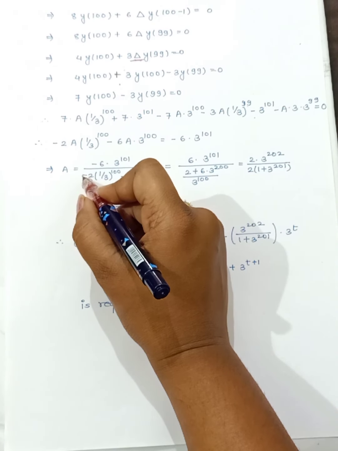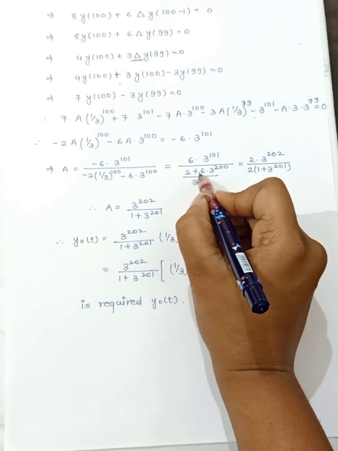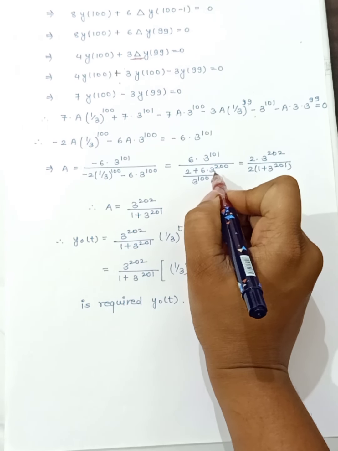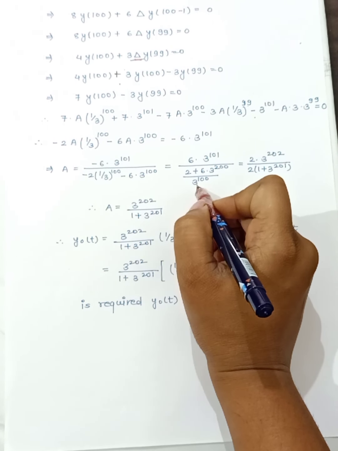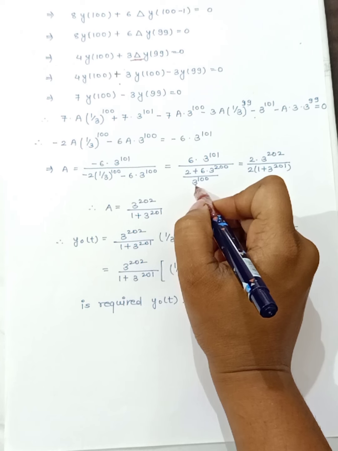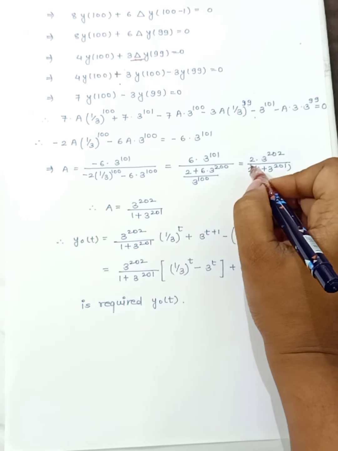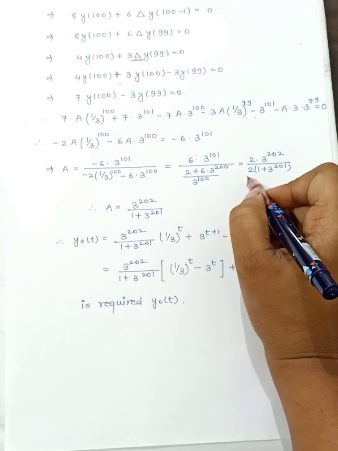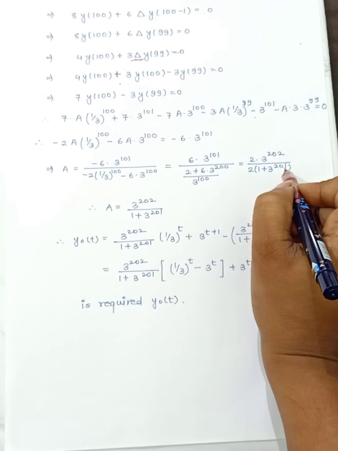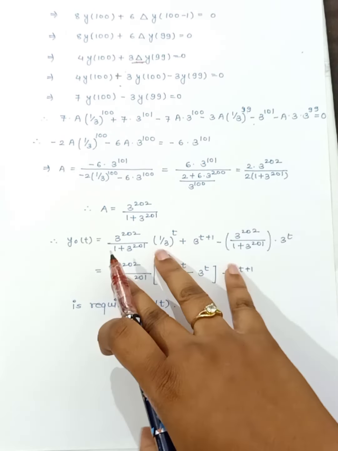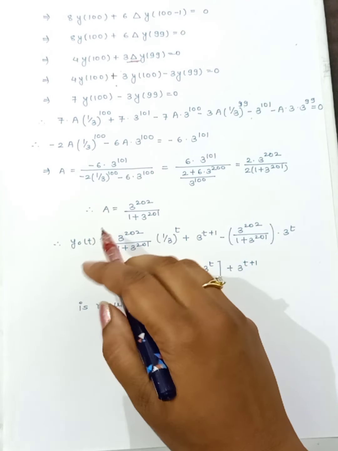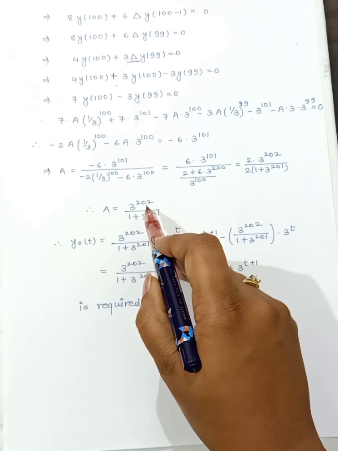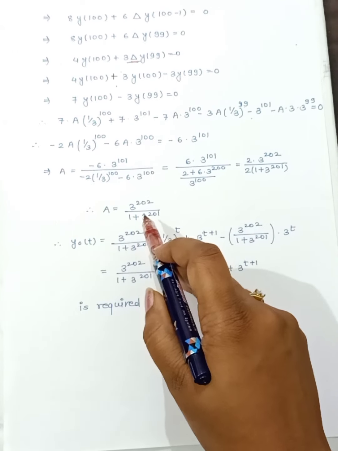This minus minus get cancelled, and 2 plus 6 into 3 to the power 200 upon 3 to the power 100. This will give 2 into 3 to the power 202 upon 2 into 1 plus 3 to the power 201. And the value of a will be a equals 3 to the power 202 upon 1 plus 3 to the power 201.